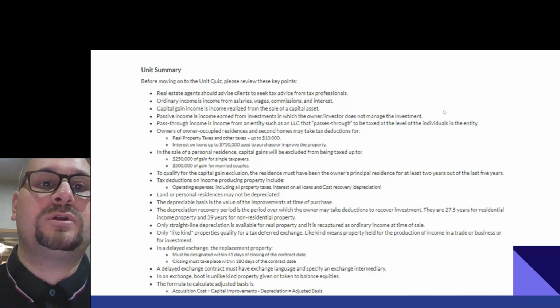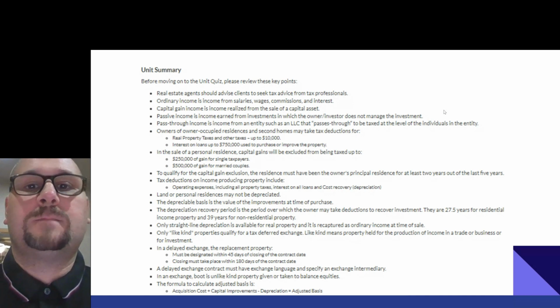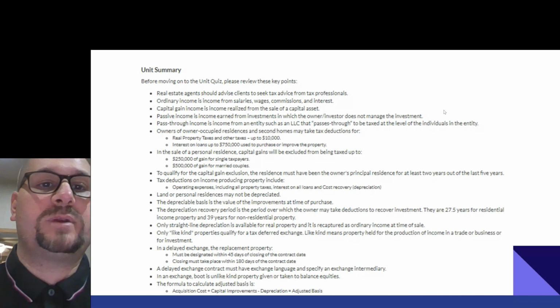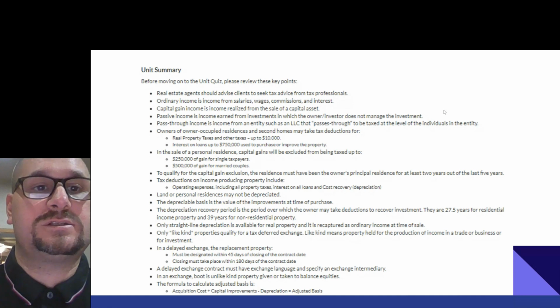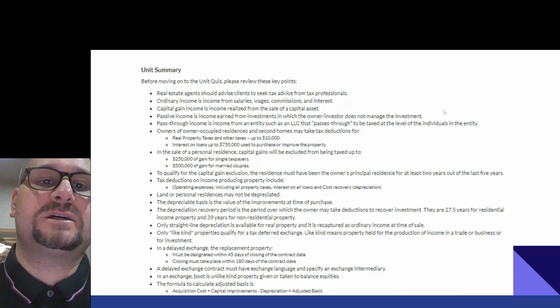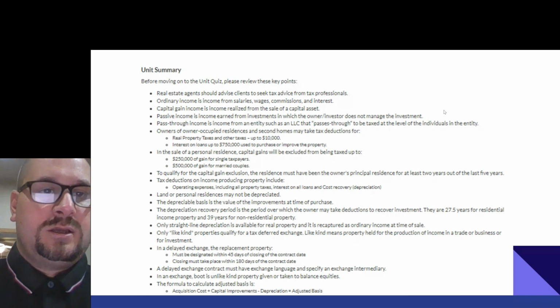Owners of owner-occupied residences and second homes may take tax deductions for real property taxes and other taxes up to $10,000, and interest on loans up to $750,000 used to purchase or improve the property.